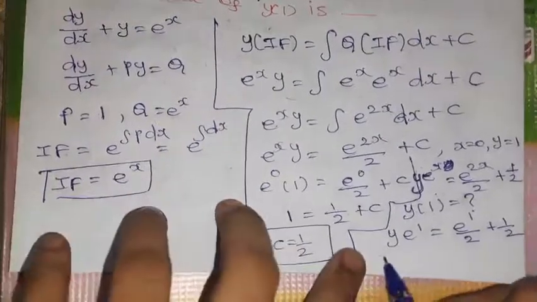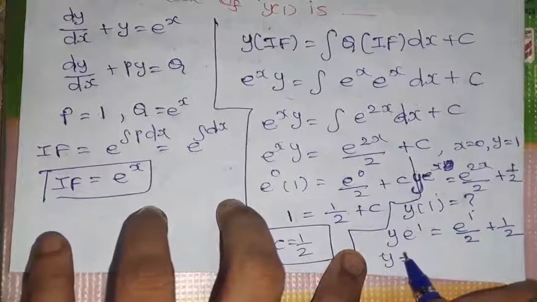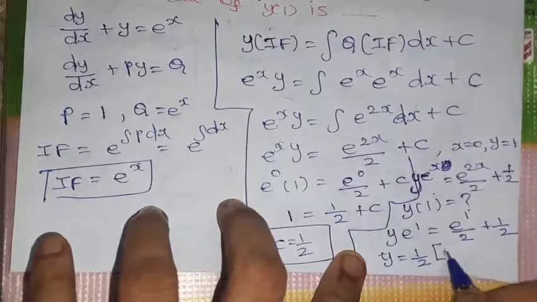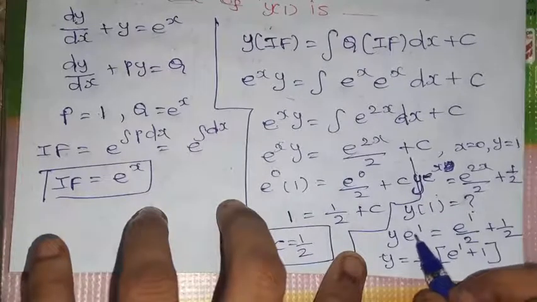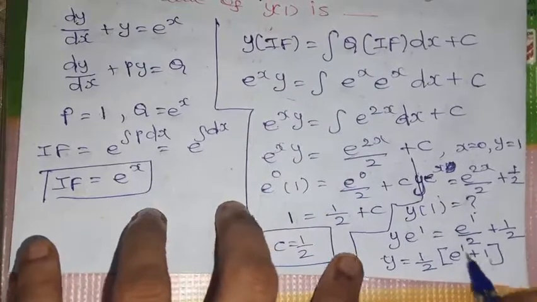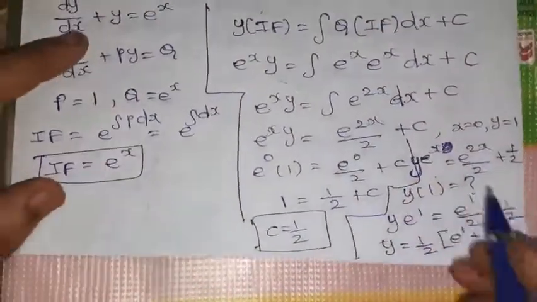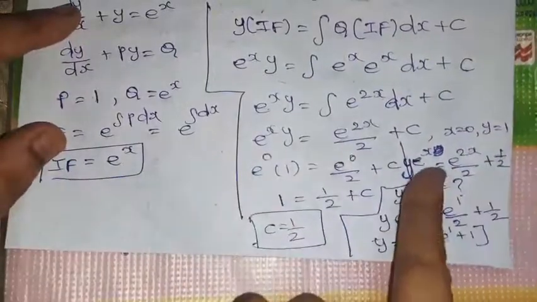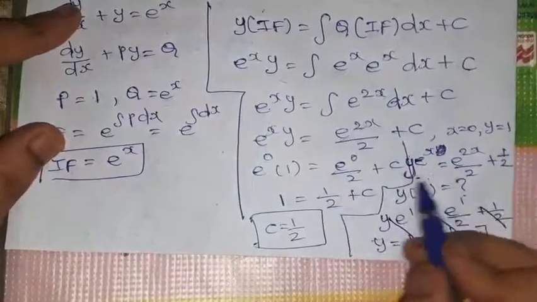So take half as common. We can simplify further, right? y e power x, to simplify this I am simplifying here itself.